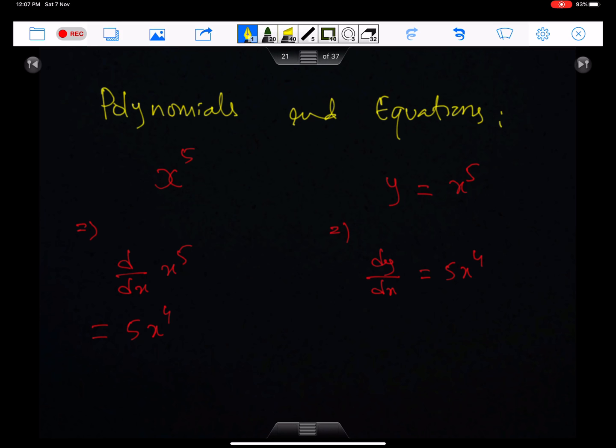Polynomials and equations. Polynomial, the word polynomial means many terms. This is the polynomial and this is the equation. An equation is a combination of two different polynomials, and which is true for particular value or values of x.